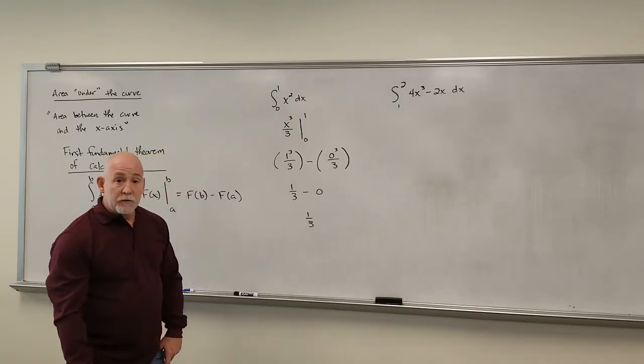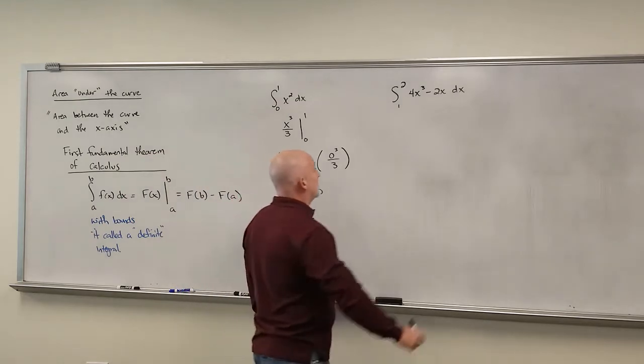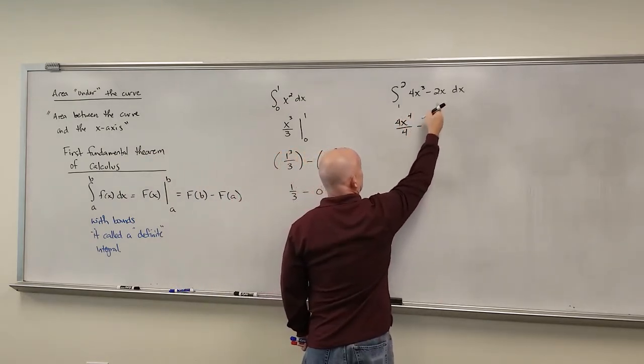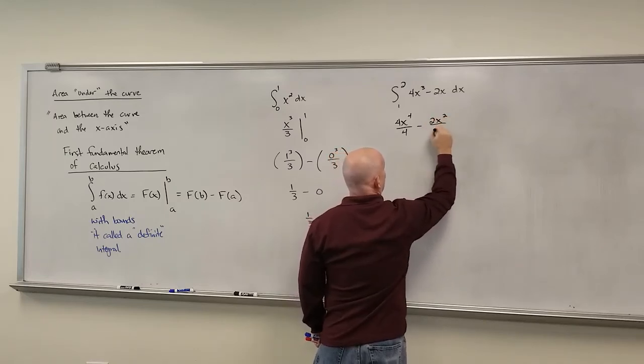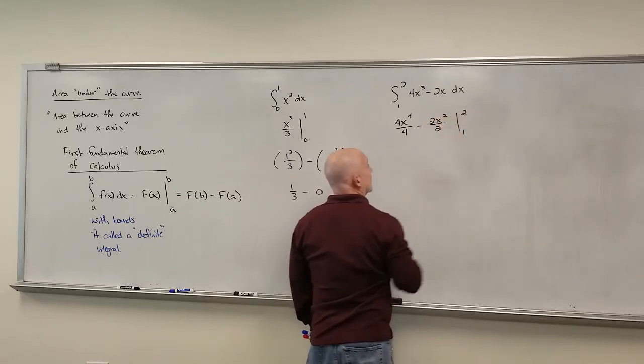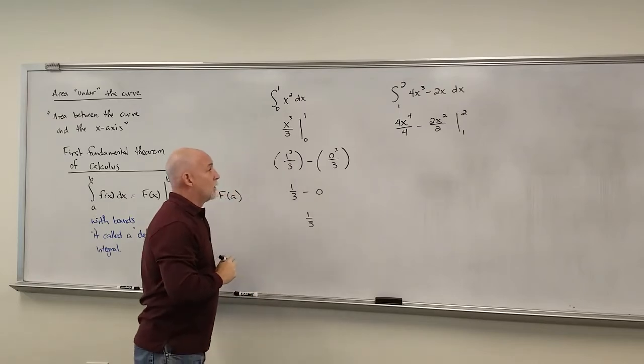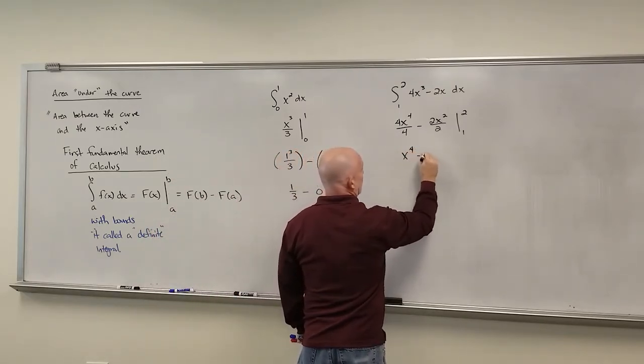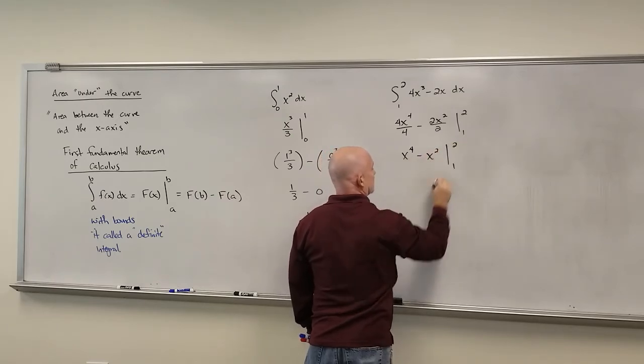First thing we need to do is just integrate it like we normally would. Here we're going to add 1 to the power, divide by that power. On this one, we're going to add 1 to the power, divide by that power. We still need to evaluate that from 1 to 2. I'm going to go ahead and reduce this first. This is x to the 4th minus x squared evaluated from 1 to 2.